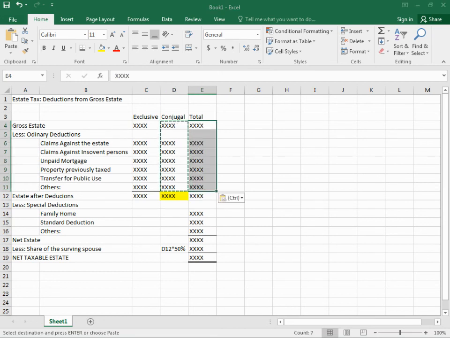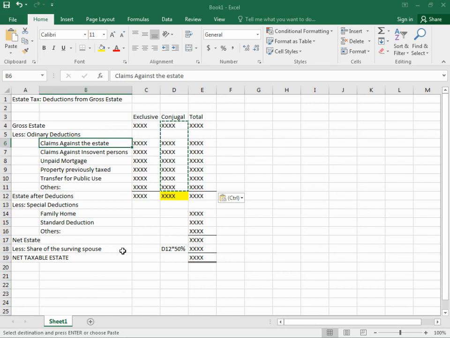So, once we have established our gross estate, we will have to deduct our ordinary deductions, which are the claims against the estate, claims against insolvent persons, unpaid mortgage, property previously taxed, and transfer for public use.